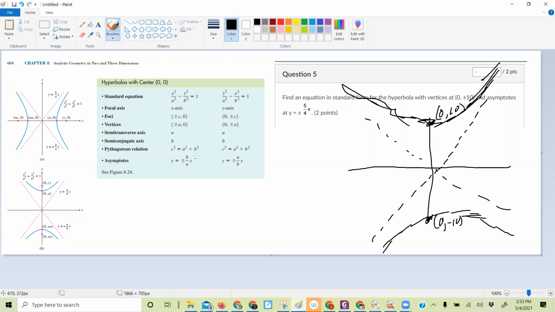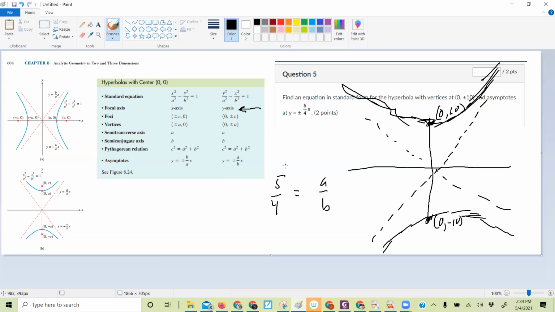So they're telling me the focal axis is the y-axis. So that's this situation. So I know that 5/4 is the same thing as a/b.